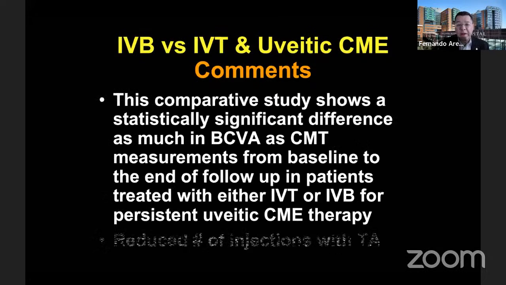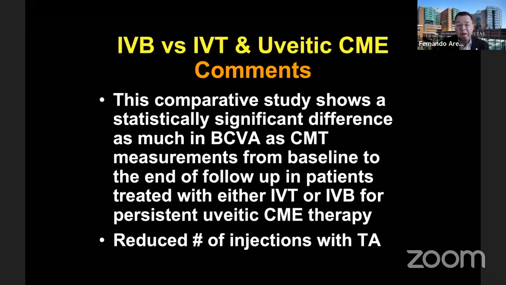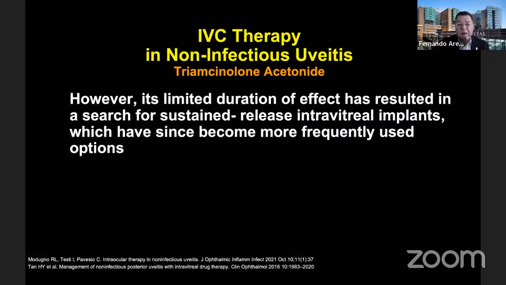And the big advantage of the therapy was that with triamcinolone, we had a reduced number of injections compared to intravitreal bevacizumab. However, the limited duration of effect of triamcinolone has resulted in a search for sustained release intravitreal implants, which have since become more frequently used alternatives.